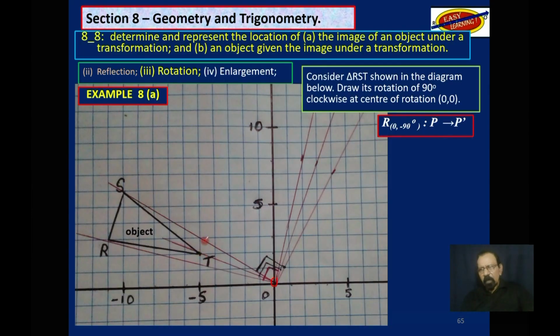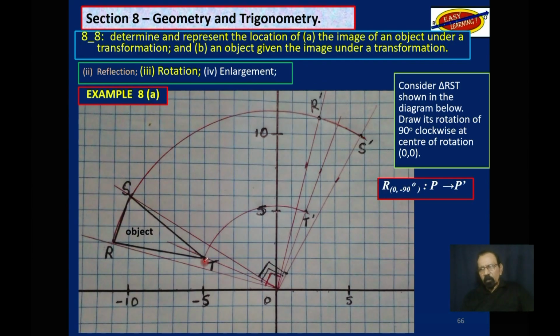Draw an arc from T going this way, and from T it will give you T prime. From S here, it will give you S prime, and from R here, you will get R prime. Join those points. I've done it here electronically, and that's our image.